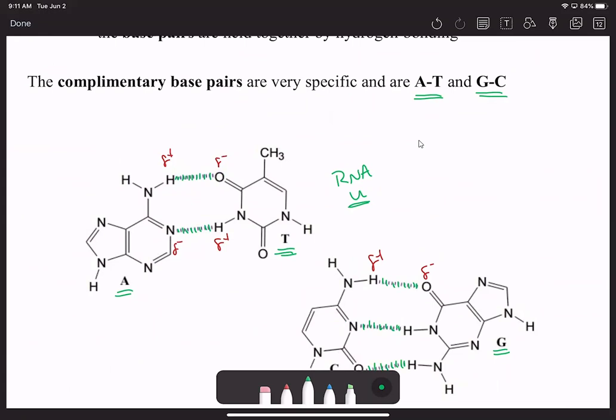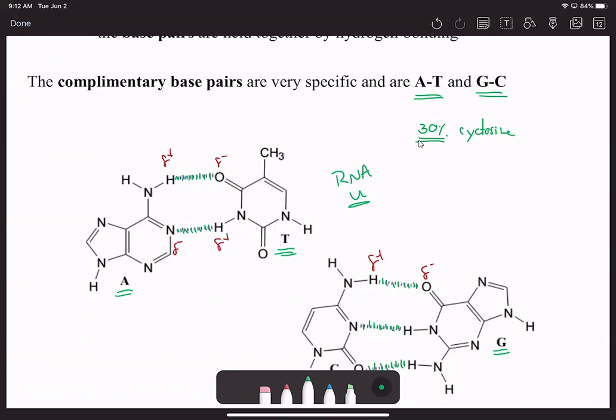Because of this specific bonding, we can actually determine the percentage of adenine, thymine, of all these nucleotides. We know the percentage that we have because of how it matches up. Let's say 30% of my nucleic acid was made up of cytosine. What are the other percentages?